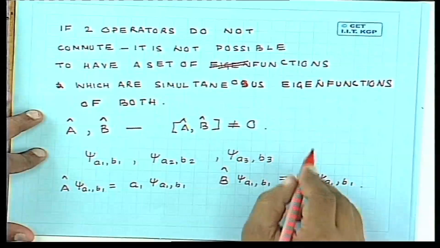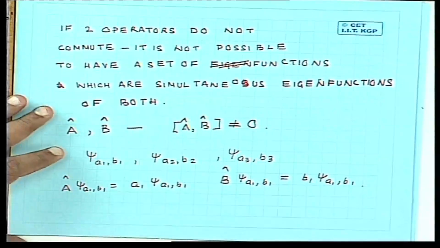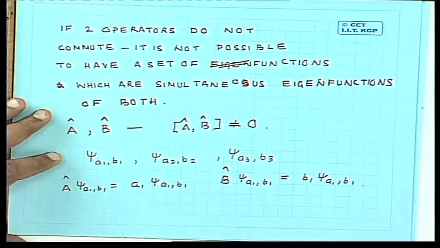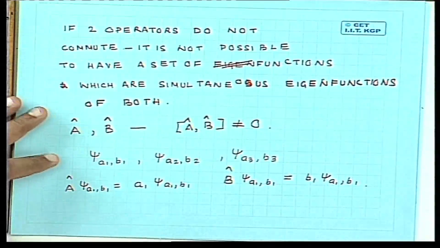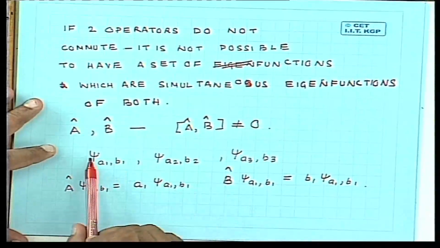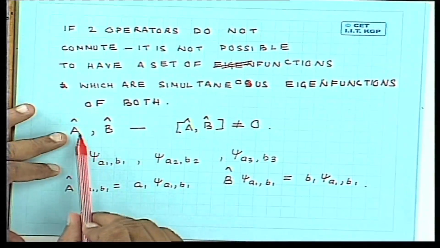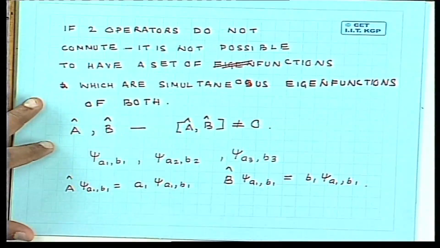You cannot have such a complete set of eigenfunctions. You may have one or two or three, a finite number of such functions which are simultaneously eigenfunctions of A and B, but they cannot be a complete set, because if they were, then you could expand any wave function in terms of these, and then the commutator would have to be 0.